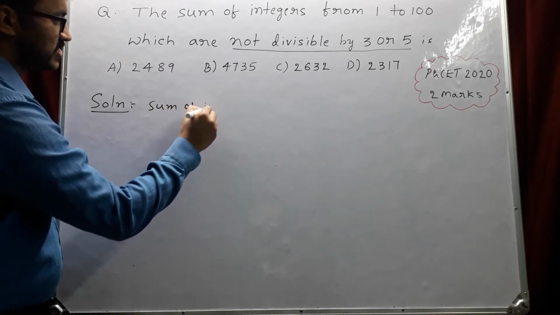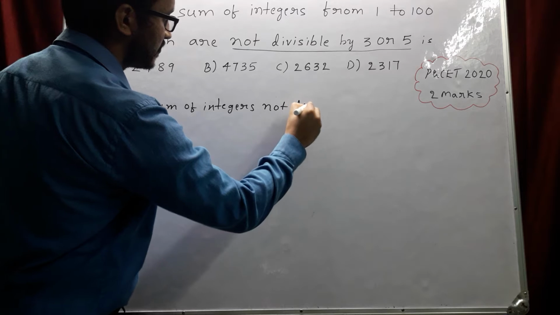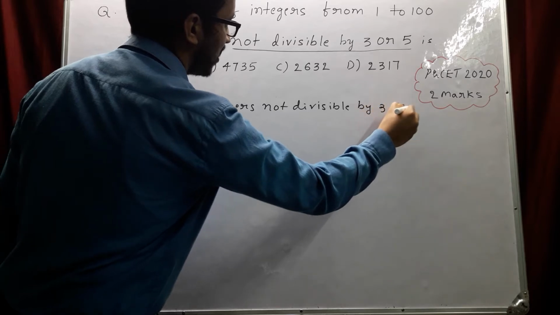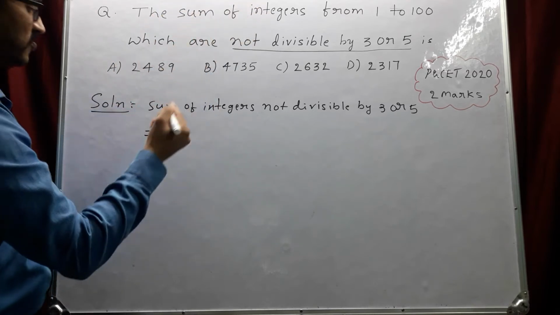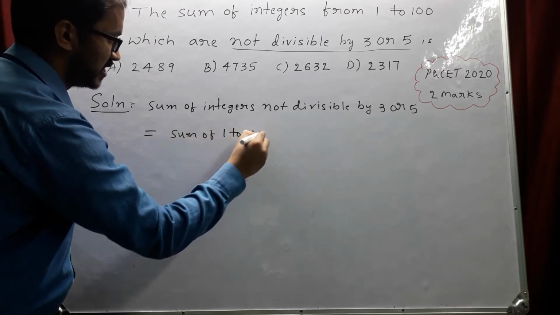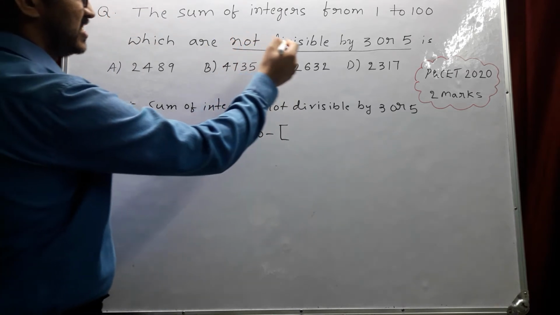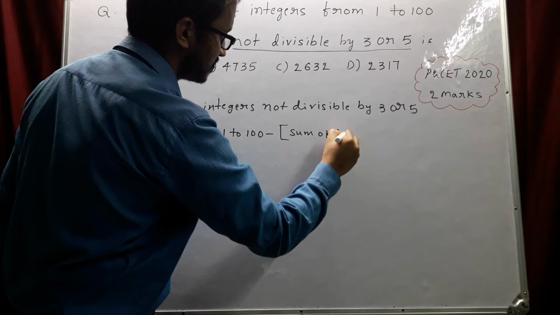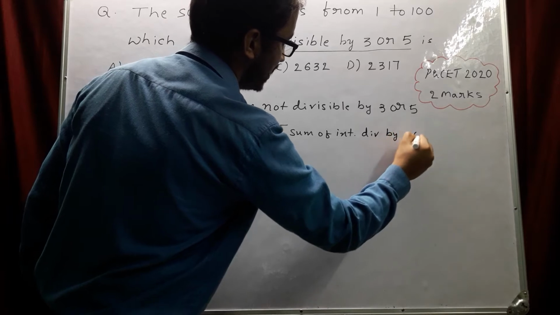So the sum of integers not divisible by 3 or 5 is equal to the sum of integers from 1 to 100 minus the sum of integers divisible by 3 or 5.